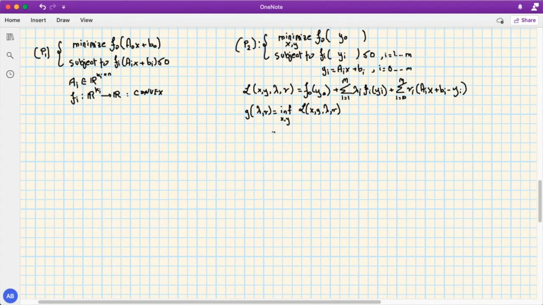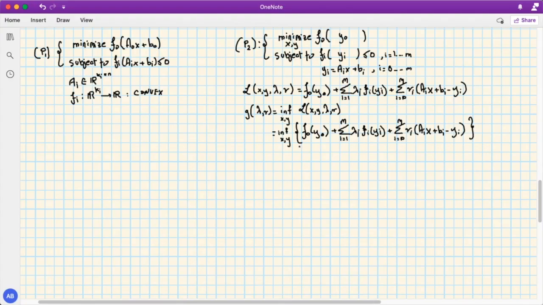So if I am finding the infimum of the Lagrangian function, let us replace this whole term over here. We get this whole term. Now, as we did previously, let's start over the easier term, that is x, because it appears once over here, or more generally speaking, we have a sum term over m plus 1 terms containing x.